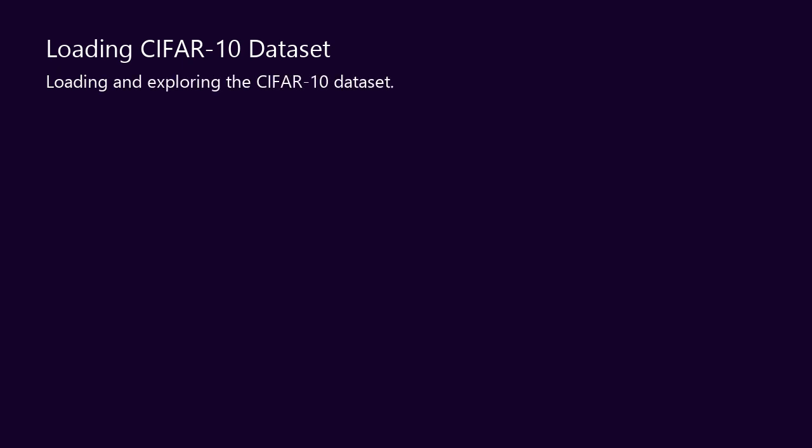We'll use CIFAR 10, a famous dataset for image classification. It has 60 color images of size 32 by 32 pixels. The images belong to 10 classes: airplanes, cars, birds, cats, deer, dogs, frogs, horses, ships, and trucks. This is a classic benchmark for testing vision models.